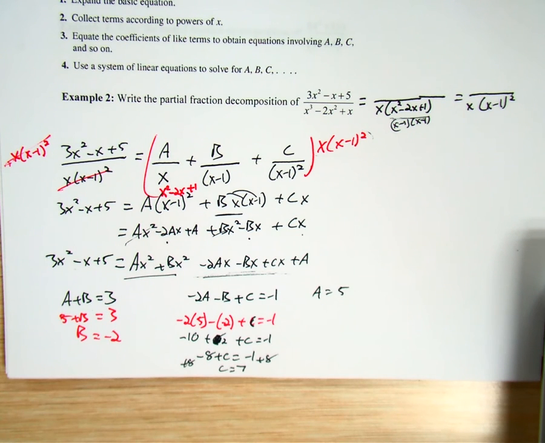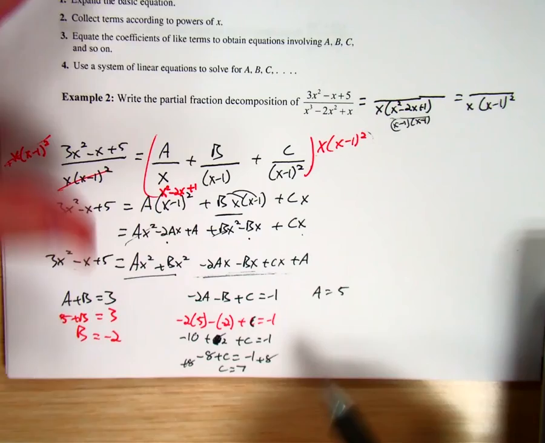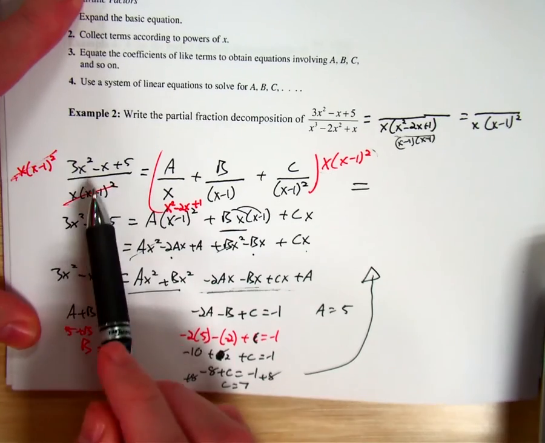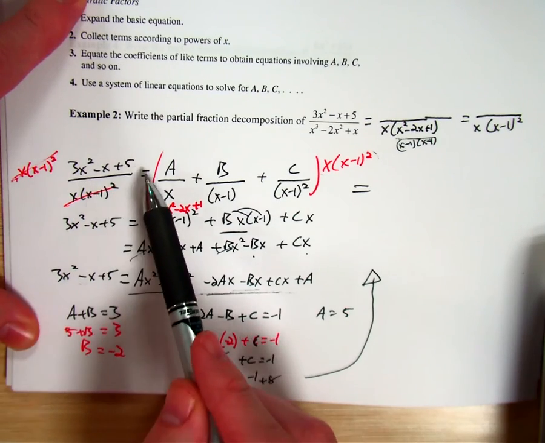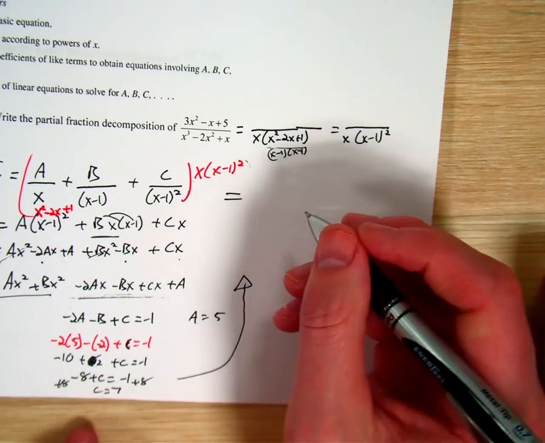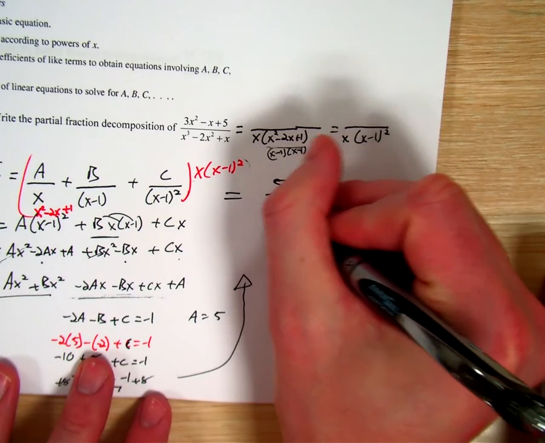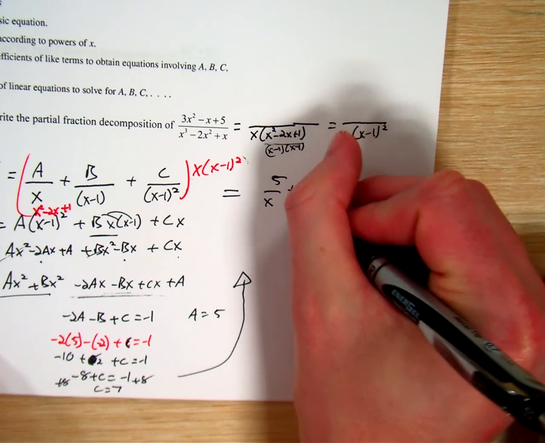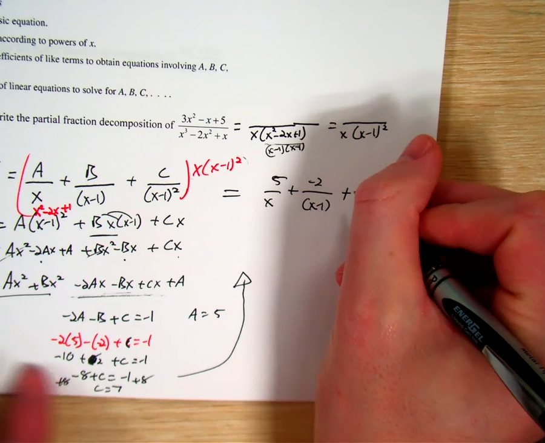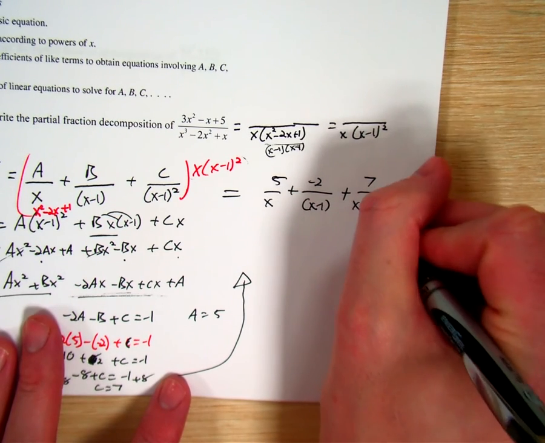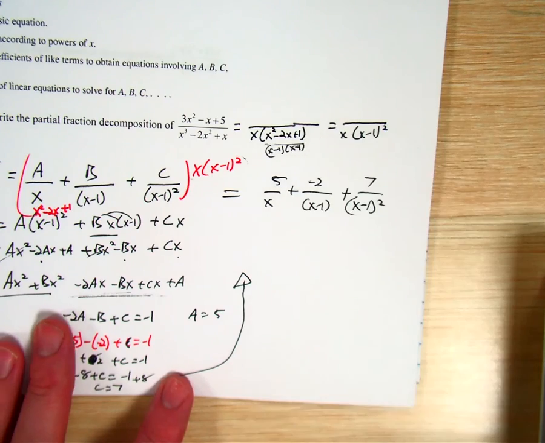Now, you're not done there. What are you going to do with it? We're going to come back up here. And this 3x squared minus x plus 5 over that equals this, equals, our a was 5, so we have 5 over x, plus b was negative 2 over x minus 1, plus c was 7 over x minus 1 squared.